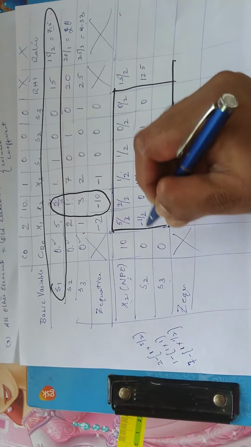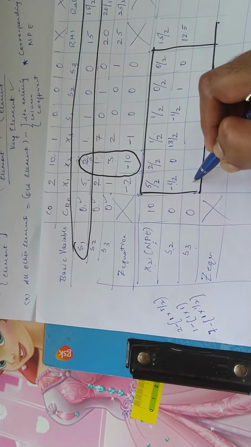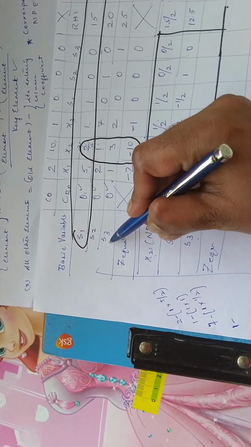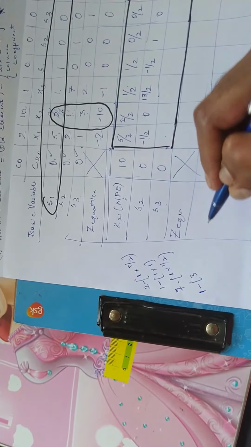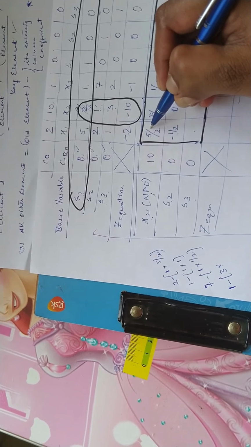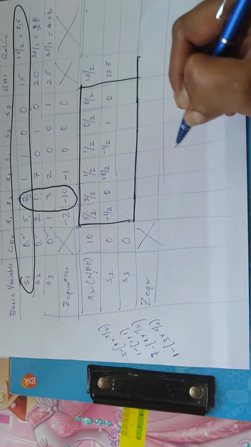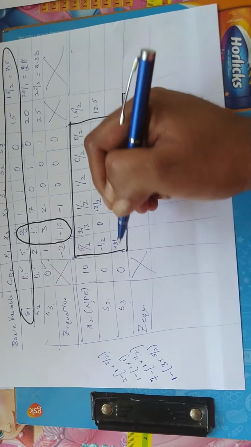Now to fill the other values in the third row, the old element here in the previous table is 1, minus the entering column coefficient of that row, which is 3, multiplied by the new pivot element of that column, 5 by 2. So it becomes minus 13 by 2.